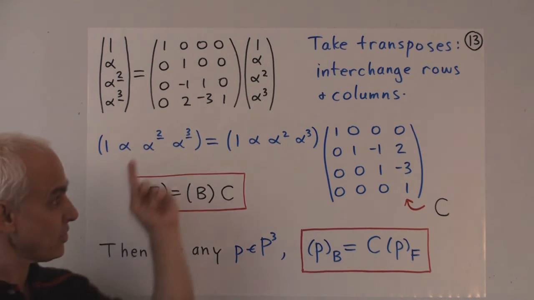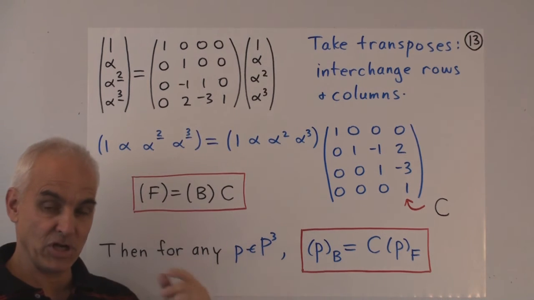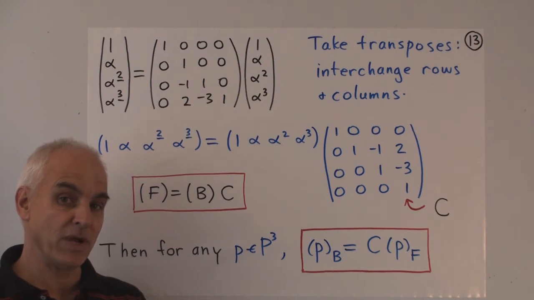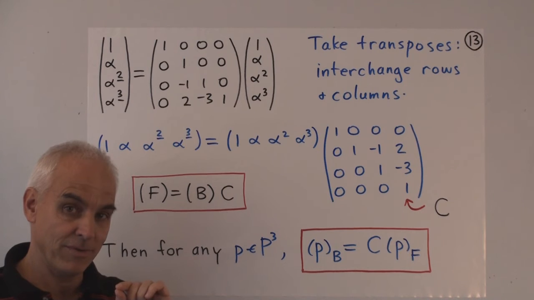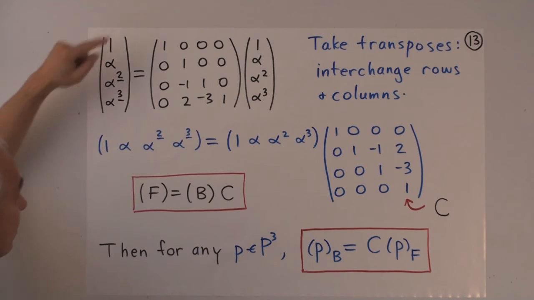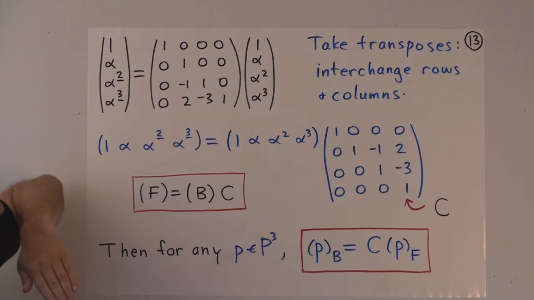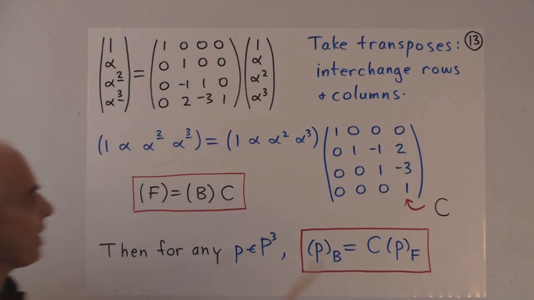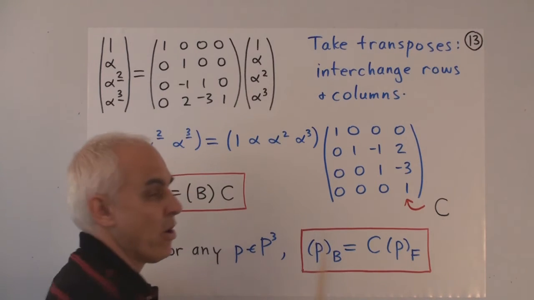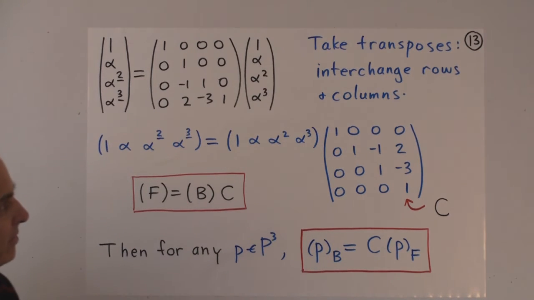What we need to do now is to take this expression and convert it into a relationship between row vectors. Here we have a column vector equals a matrix times another column vector. We can transform that by taking a transpose. What does that mean? It means we simply interchange rows and columns.